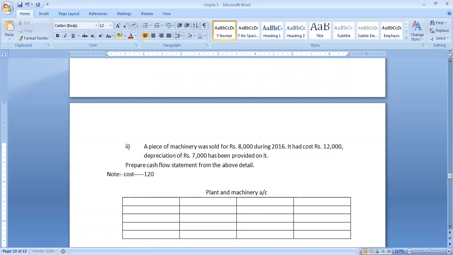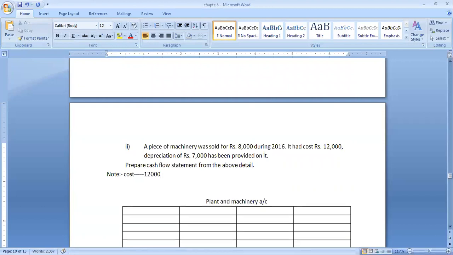The cost is 12,000 and what is the depreciation value?